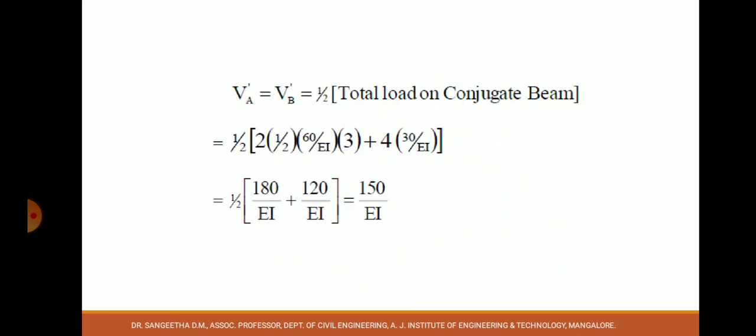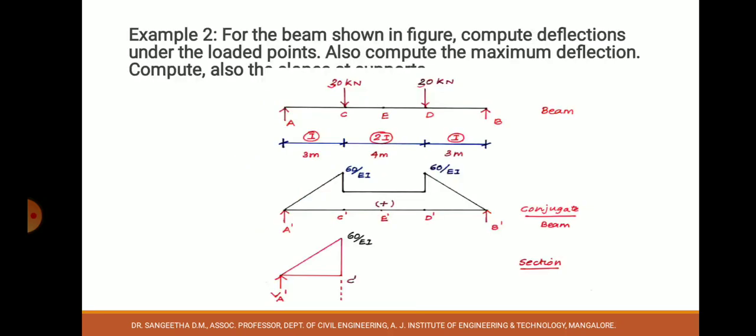Now, VA dash and VB dash are equal to the total load on the conjugate beam. What is VA dash and VB dash? VA dash is the support reaction in the conjugate beam. In the real beam it was 20, 20, but in the conjugate beam it is the area of the M by EI diagram, which gets divided into two equal components. So half of 2 into half into 60 by EI into 3, one triangle.